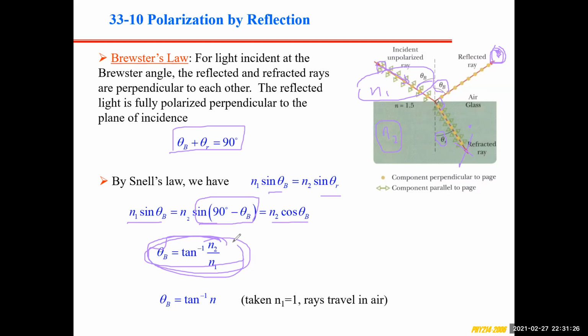And light is also subject to total internal reflection, when the light source is in the material that has a higher index of refraction, so long as the angle of incidence is greater than the critical angle. Okay, so that concludes this chapter. Okay.